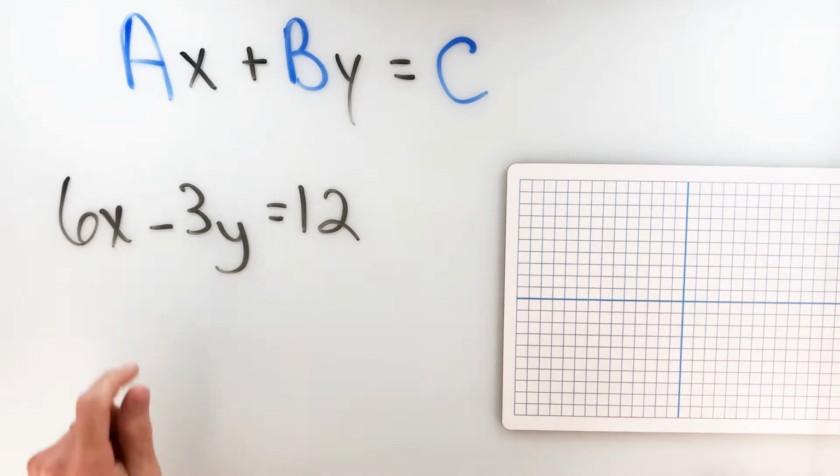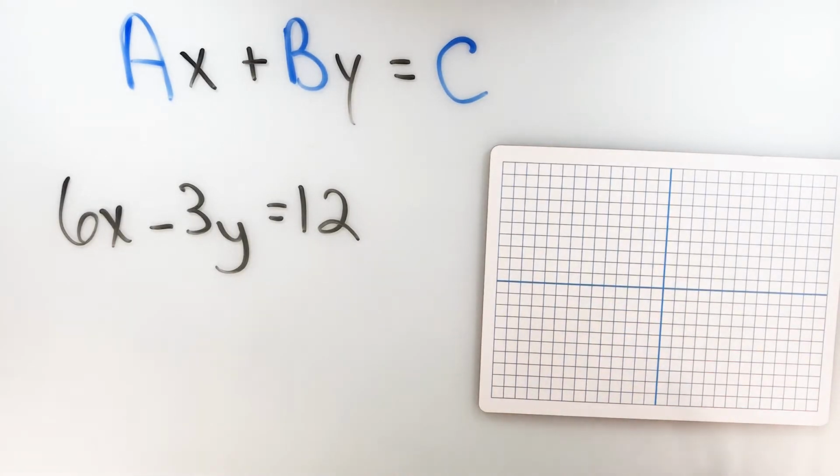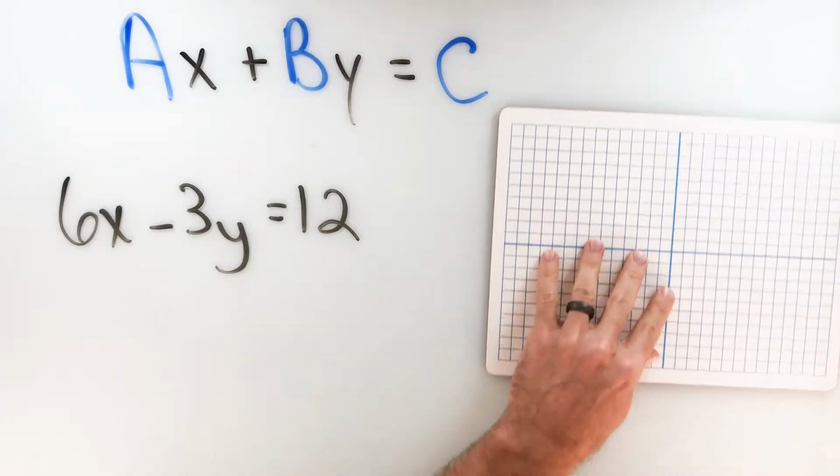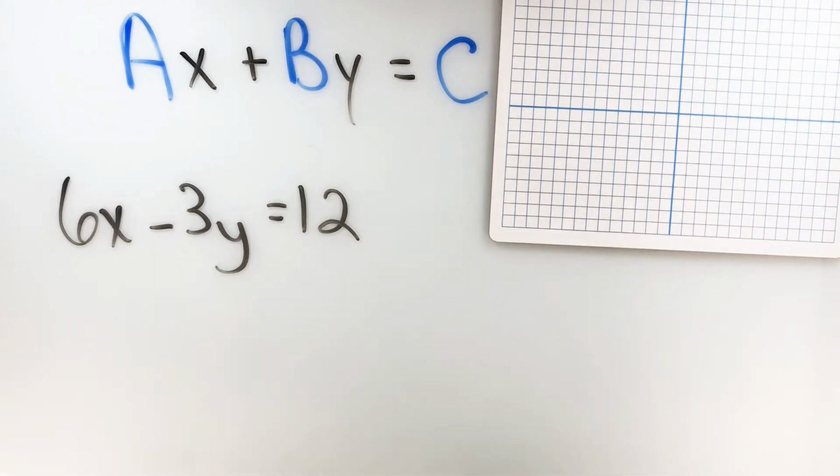What we're going to do in this case is graph this line using its intercepts. By intercepts, I mean where the line crosses the y-axis and where the line crosses the x-axis. So we're going to think about 2 points on this line, and the 2 points that are probably easiest to find are the x and the y-intercept.